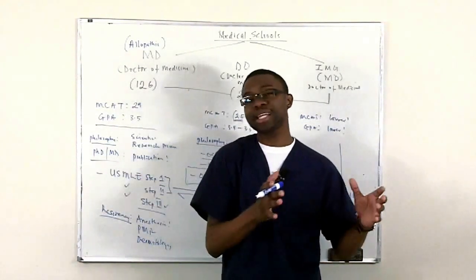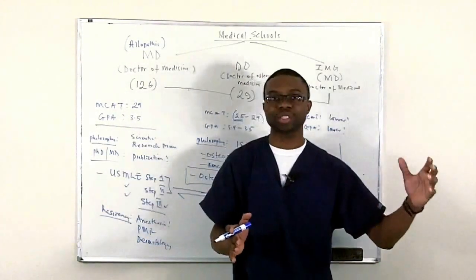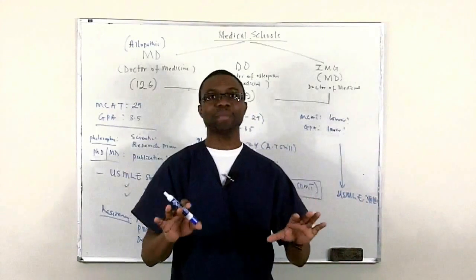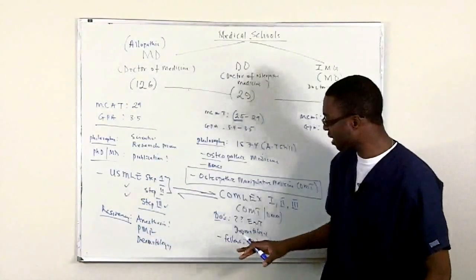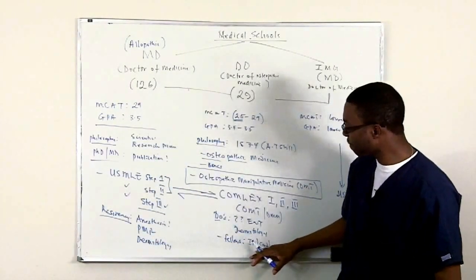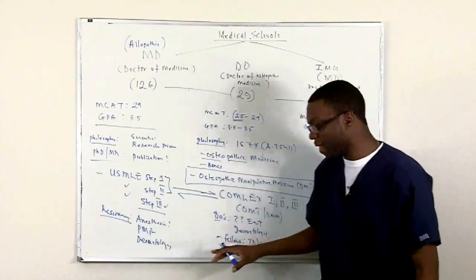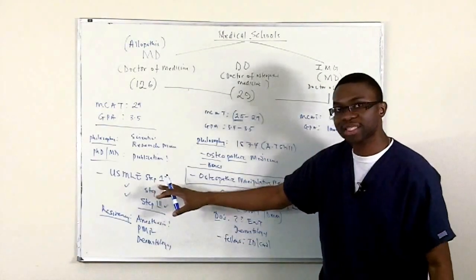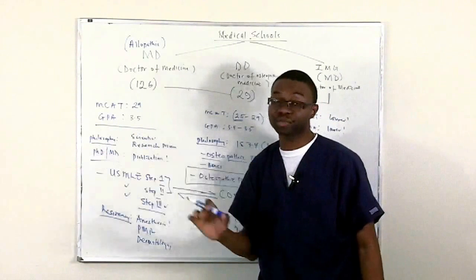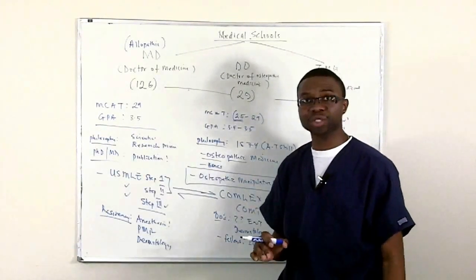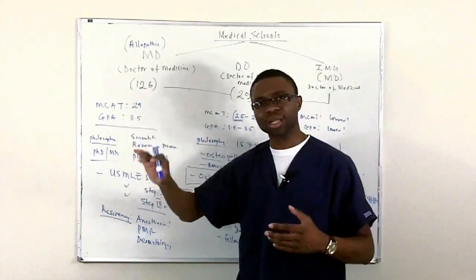I'm pretty sure in the near future this is going to increase as time goes on. But at the time I'm making this video, I'm letting you know in advance that if you want to do a fellowship and you're a DO, if you end up in an allopathic residency, you might have a better chance of getting into their fellowships, because they just have a lot more of them.